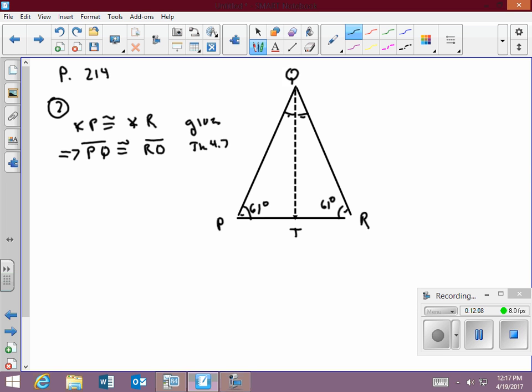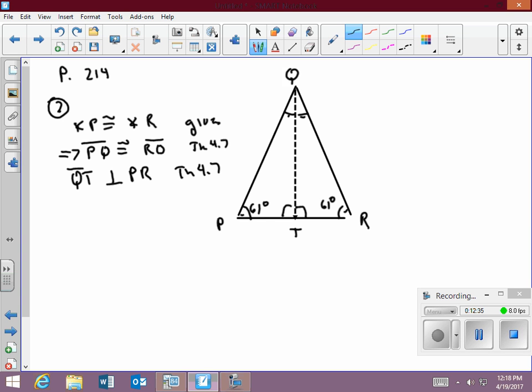So then you could say that these two angles are right, and QT is perpendicular to PR by your theorem 4.7, right?